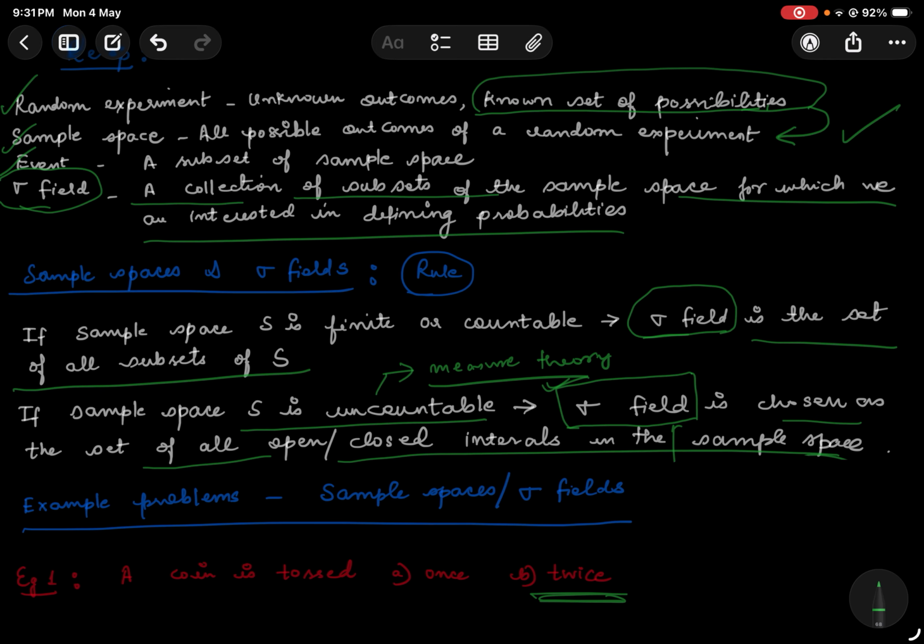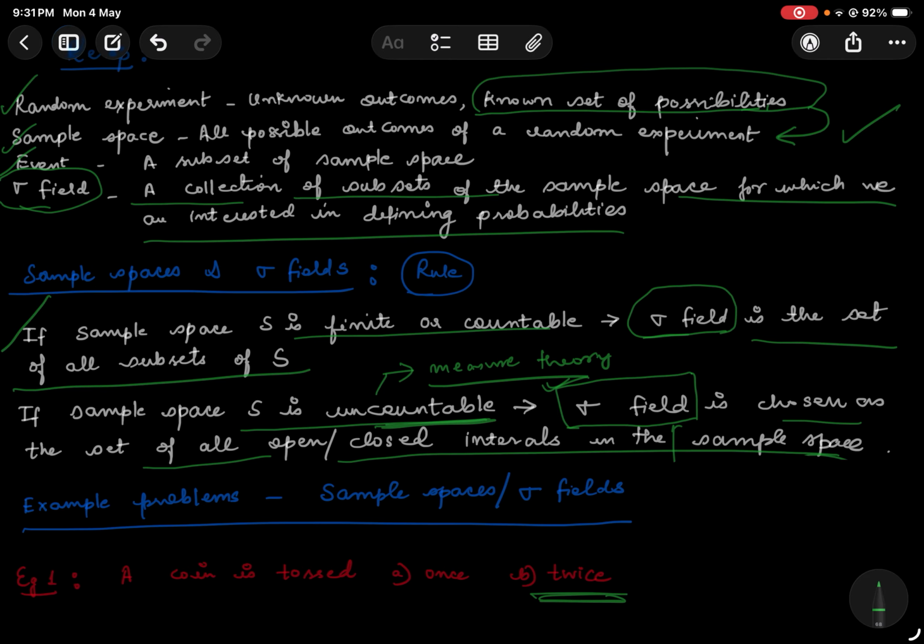If we only have finite or countable sample spaces, in that case, it's not that difficult. For any subset of the sample space, you can define a probability. But if the sample space is uncountable, there are a lot of weird subsets that can come up in which, first of all, maybe we are not interested at all.